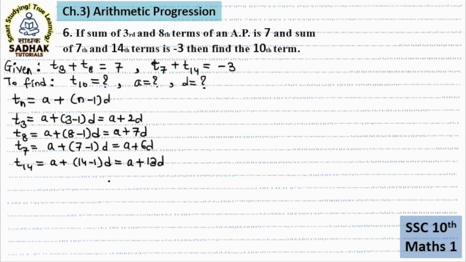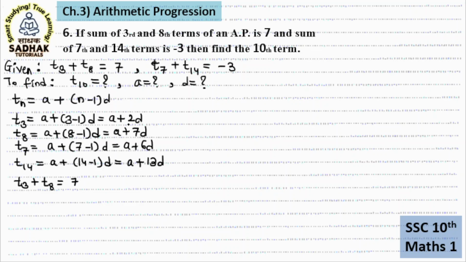Fine. So from the given condition, the sum of third and eighth, so that is T3 plus T8, is equal to how much? It is 7. Yes, T3 plus T8 is 7.